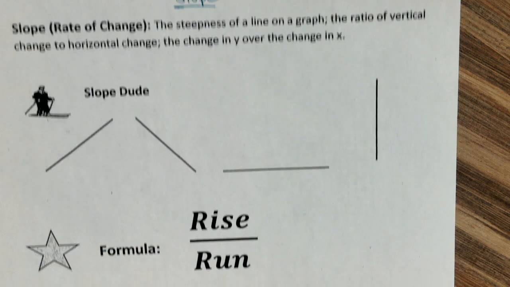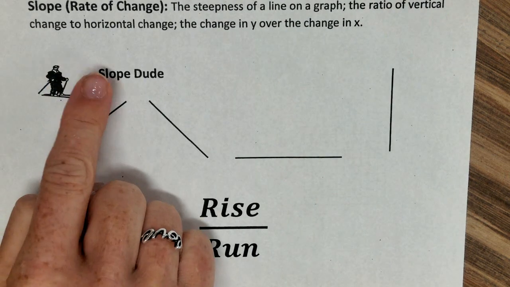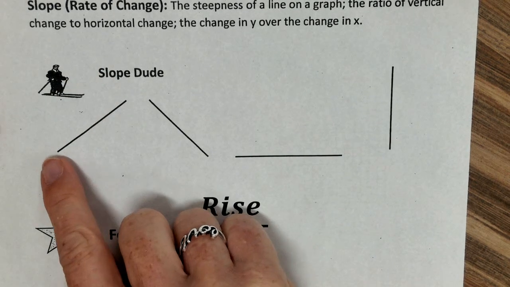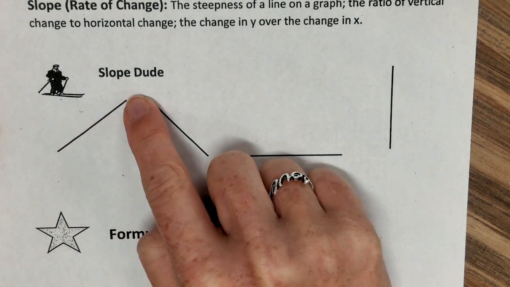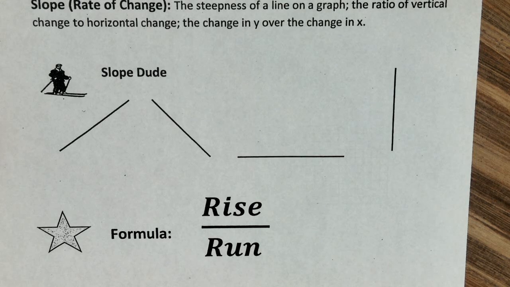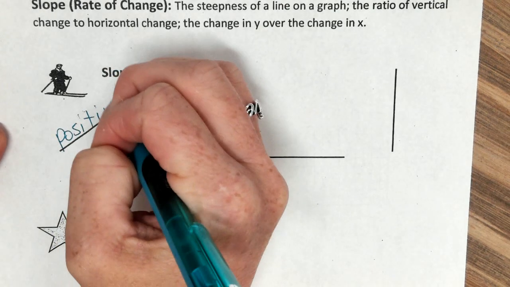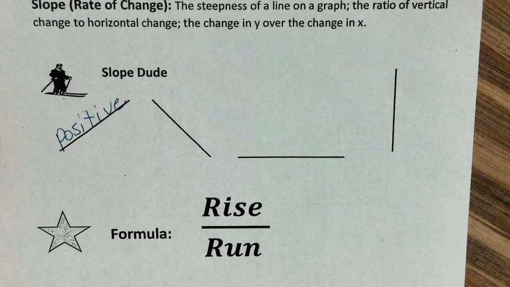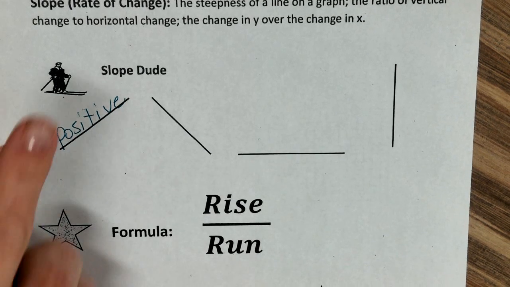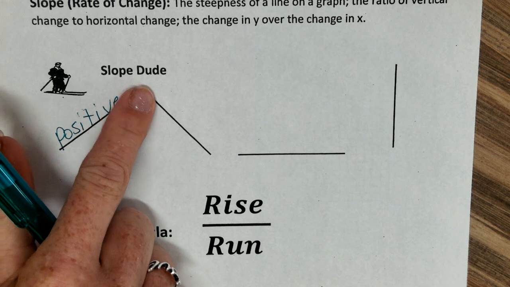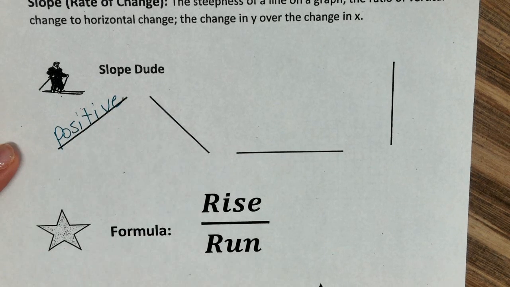So just like we just watched the video of Slope Dude, what kind of slope is this if it's going up from left to right? Positive. And Slope Dude said puff, puff, positive because he was hiking up the mountain. What kind of slope is it going down from left to right? Negative.